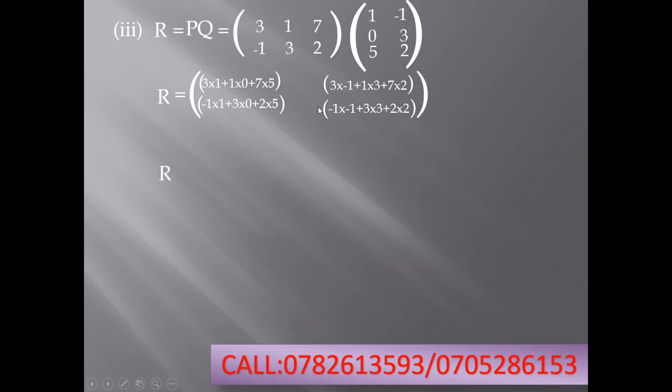And what remains is now the computation. Once we compute, we end up with 38, 14, 9, 14. And this is a 2 by 2 matrix, as we had earlier said. So R is a 2 by 2 matrix.